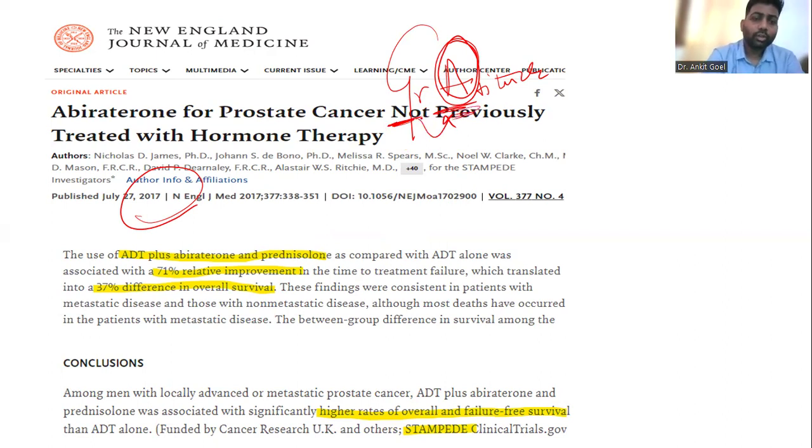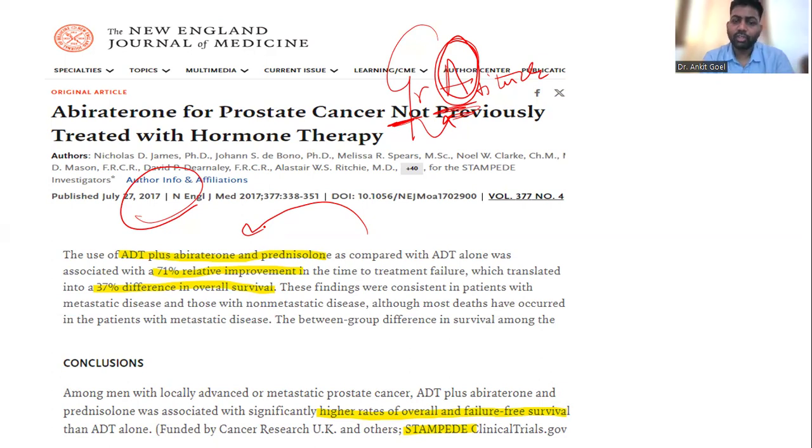Now, why? What was the finding of this arm? It said that if you add abiraterone to an ADT, there was a significant improvement in the overall survival, and the whole discussion on Stampede is on overall survival only because that was the primary objective of Stampede. Okay, the rest are secondary objectives, the failure free survival and all the other secondary objectives; you can go through the literature and read as much as possible, but that's a whole lot of discussion.